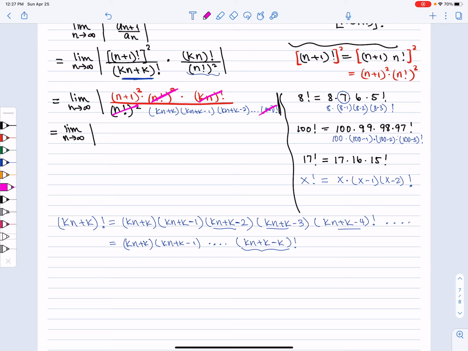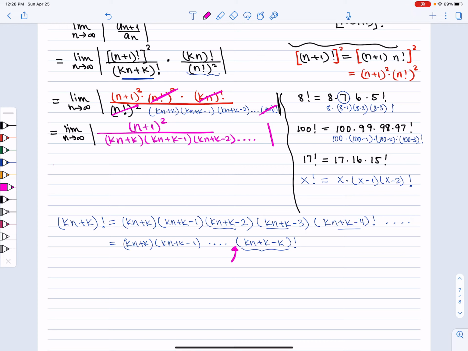And we're going to be left with n plus 1 to the second power over kn plus k, kn plus k minus 1. And then we're going to have kn plus k minus 2. And then the idea here is that you're going to continue up until this right here. Okay?